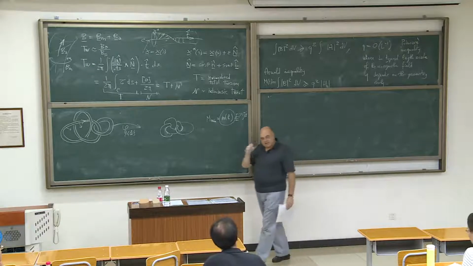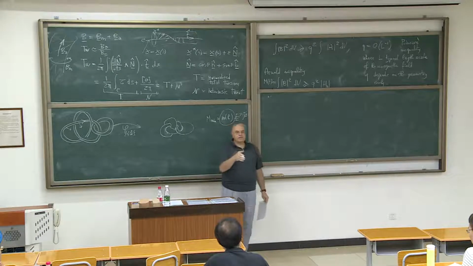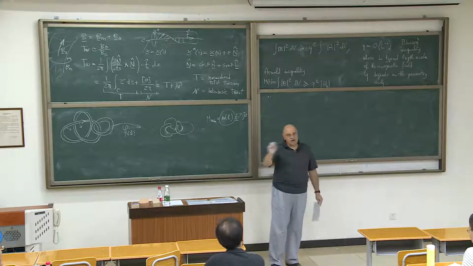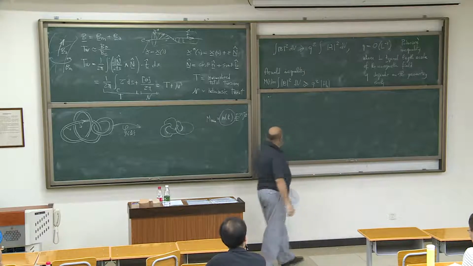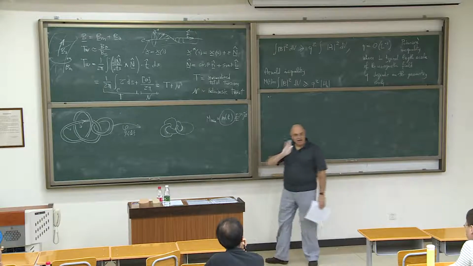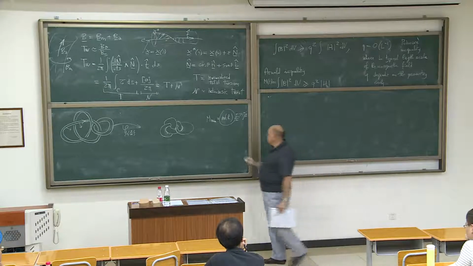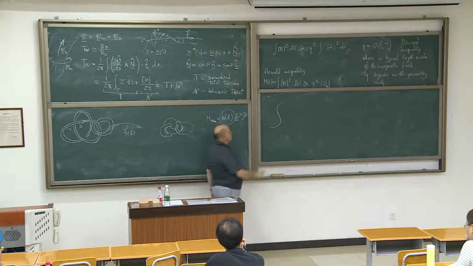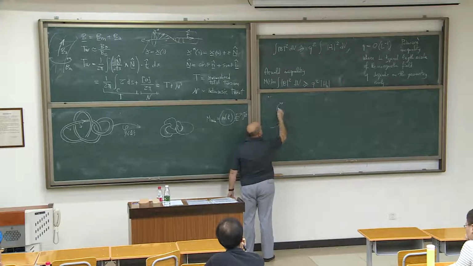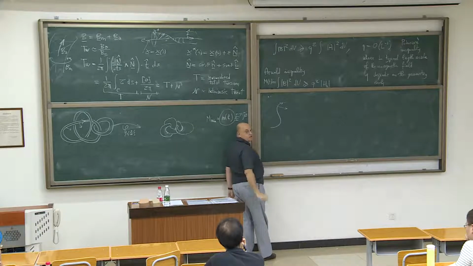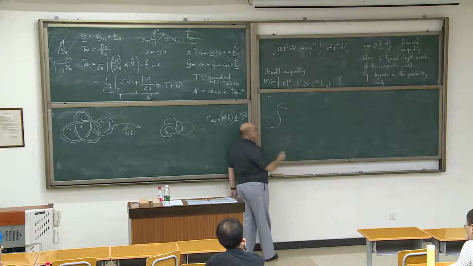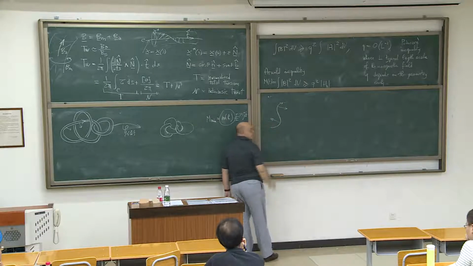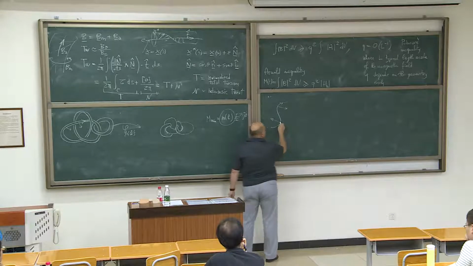Lorentz force acts along the principal normal: curvature times the principal normal. So if you have a field line in the plane, like this, the principal normal is in this direction, so the Lorentz force acts in this direction, and at this point the principal normal is in the opposite direction.